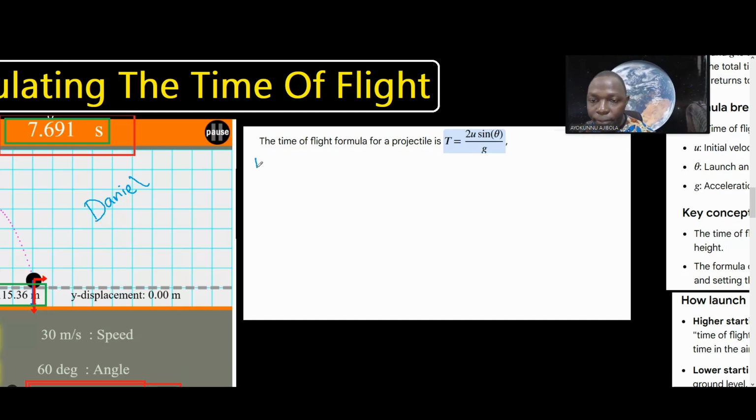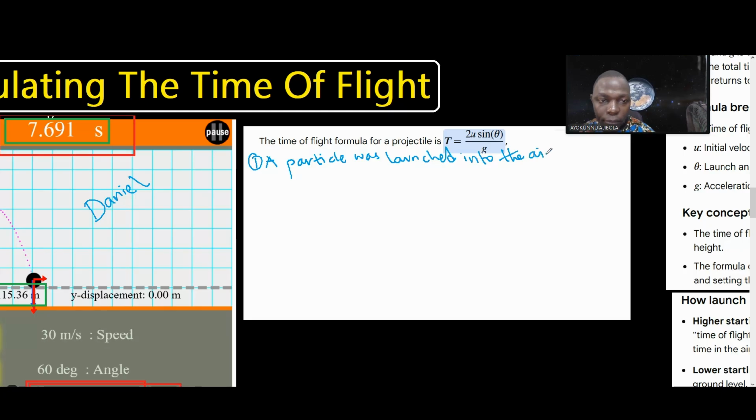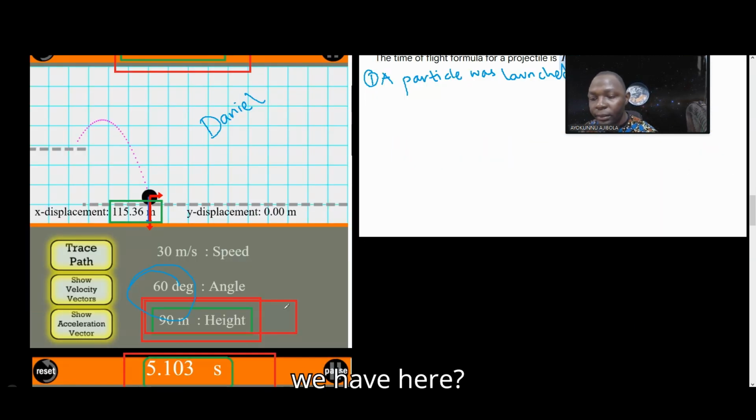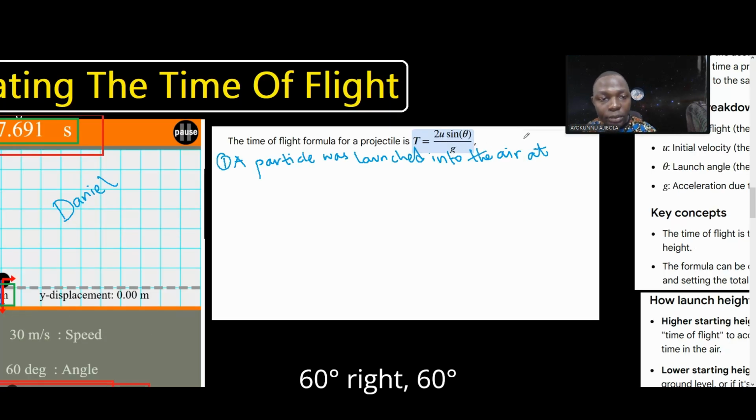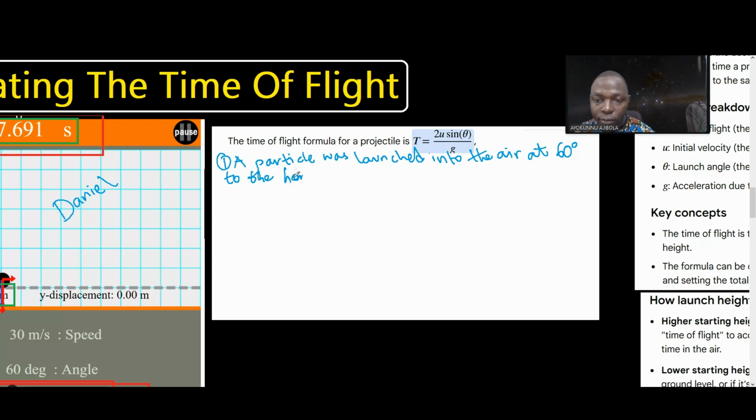They can say, a particle was launched into the air at, what angle do we have here? 60 degrees, right? At 60 degrees to the horizontal. Okay.